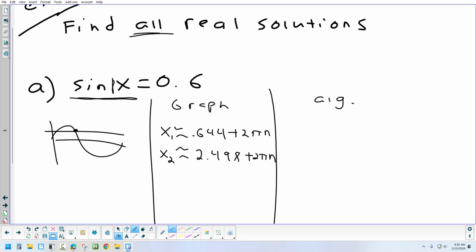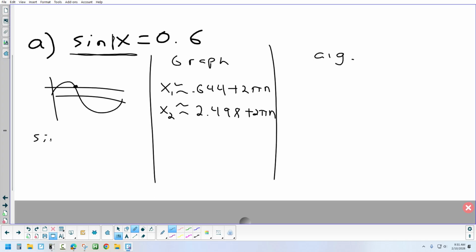But we've already seen some problems doing things graphically. You don't always get an exact answer. Okay? This one wouldn't come out to an exact answer either way. But maybe if we wanted to do it algebraically, you don't have access to a graphing calculator. You might have to do it algebraically. So let's take that equation. How would you get the x by itself on the left side? What would you have to do? Yeah?